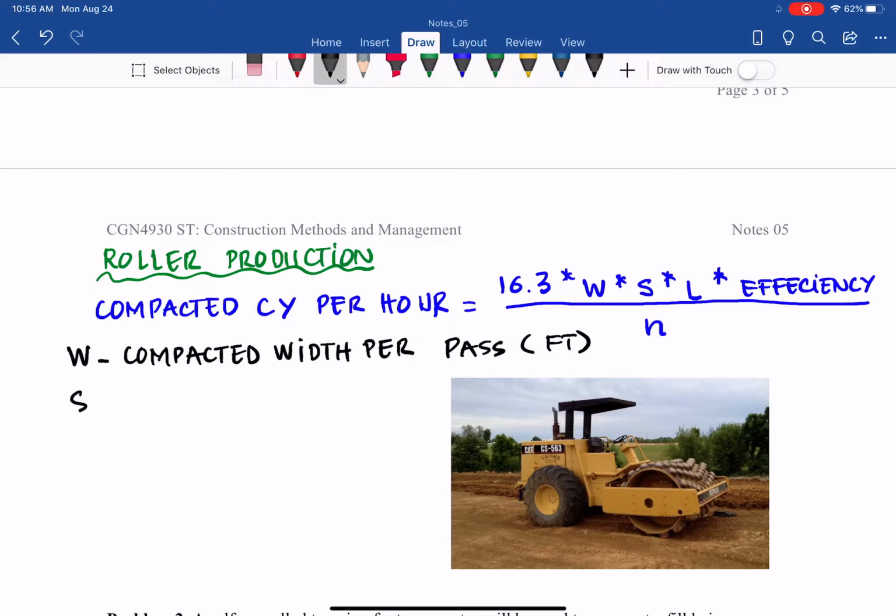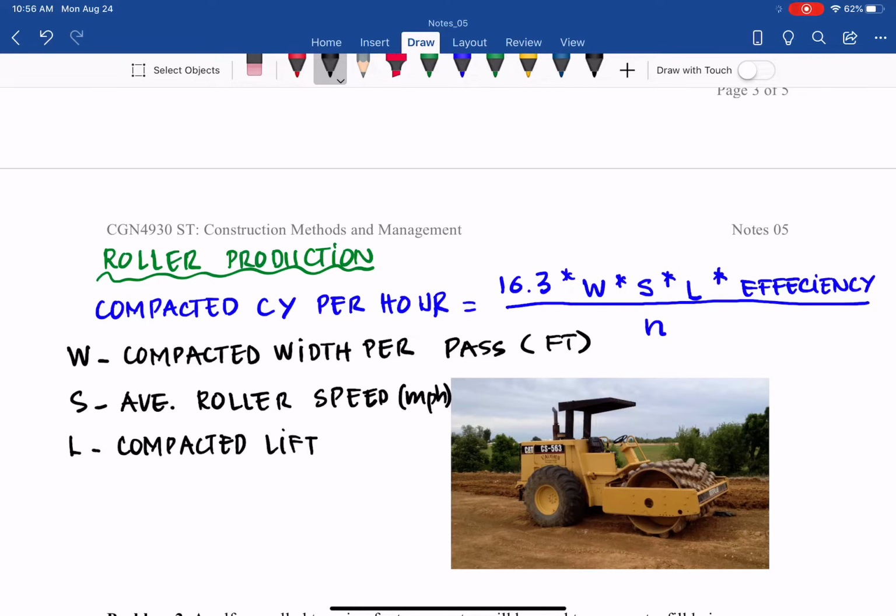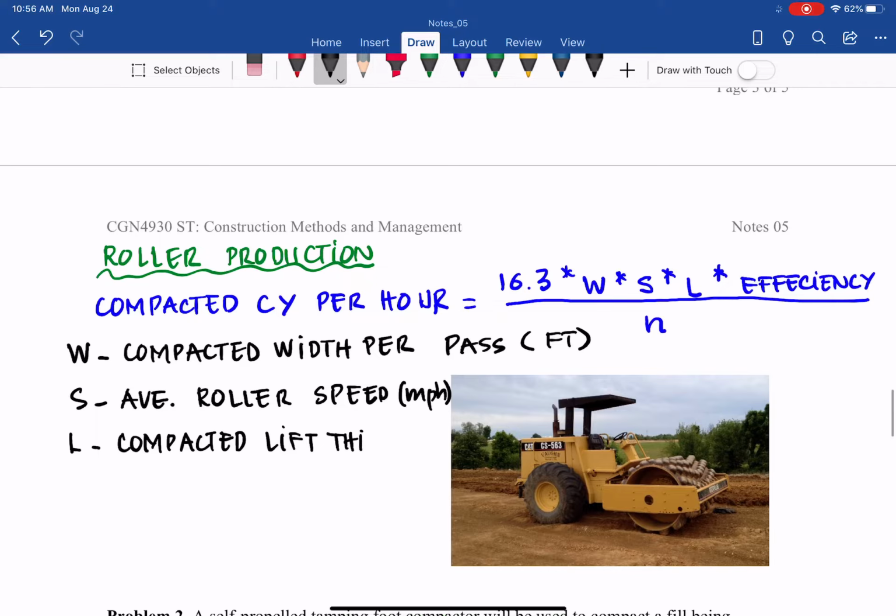Then we have S, the average roller speed, measured in miles per hour. And then L, the compacted lift thickness, measured in inches. Keep that in mind.